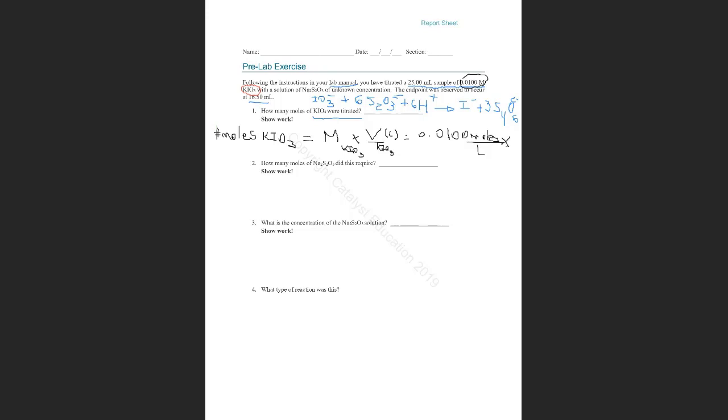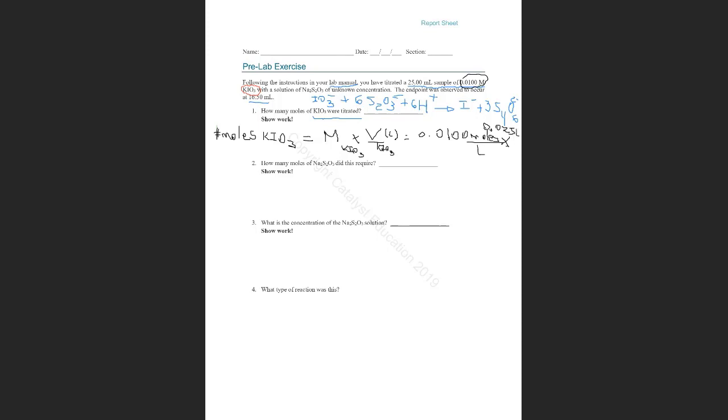By the volume in liters. What is the volume? Let's read it again. We have titrated 25 mLs. When we convert the 25 mLs into liters, it is 0.025 liters.